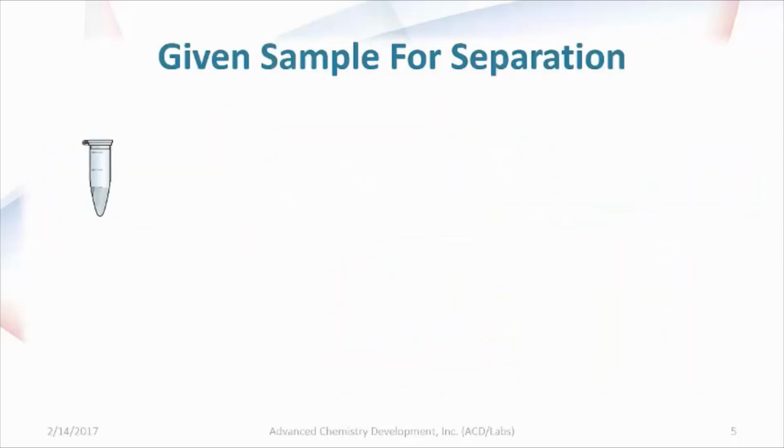So given a scenario, if you're working in an analytical chemistry lab, you're given a sample for separation and you're told, please separate, and I'm interested in one peak, or maybe there's a few peaks that you're interested in monitoring for.